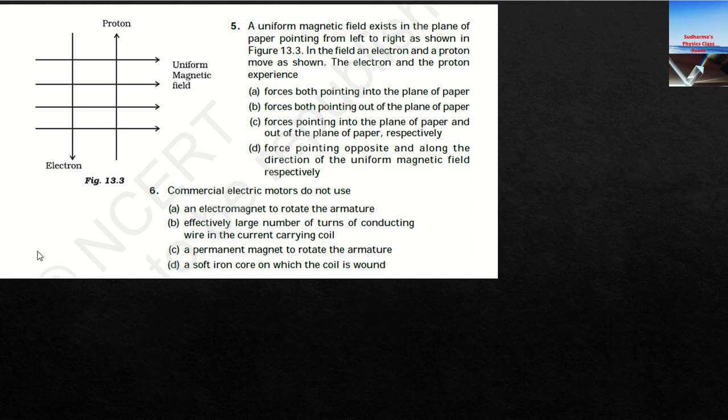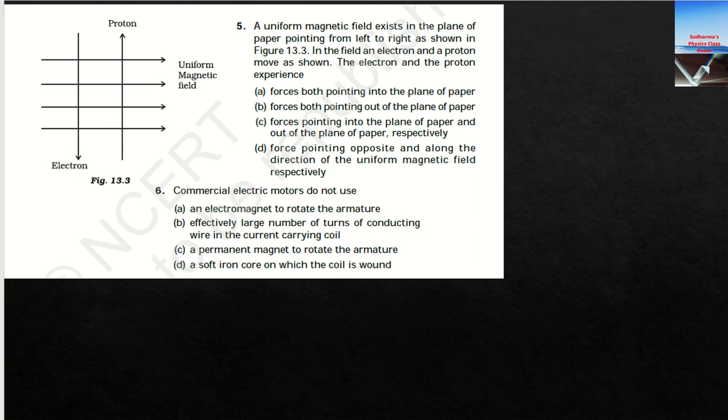Question number 5. A uniform magnetic field exists in the plane of the paper pointing from left to right. If in the field an electron and a proton move as shown, we have to find out the electron and the proton will experience a force in which direction, right? So we have to use the Fleming's left hand rule. So magnetic field in this direction, proton moving upward, that means this is the direction of current, right?